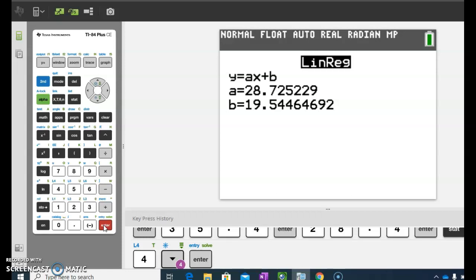All right, and so A is, let's round to the nearest thousandth. So we're going to go to 3 decimal places. So I'm going to use this information to write my least squares regression line.